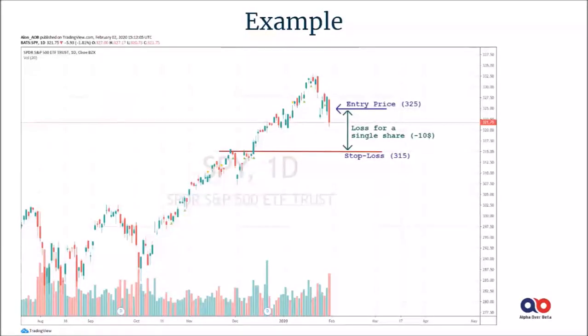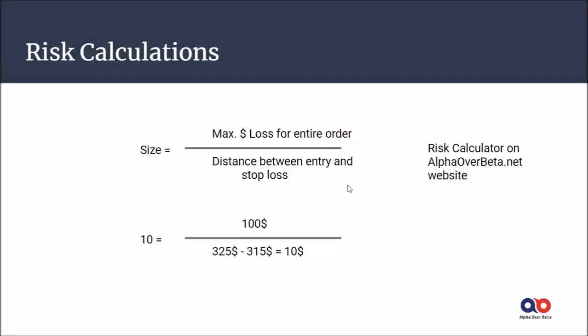Okay, you take the entire loss for the entire order and you divide it by the loss of one share. And this is how you get the size, the number of shares that you should buy in order to limit that exact loss that you have planned.